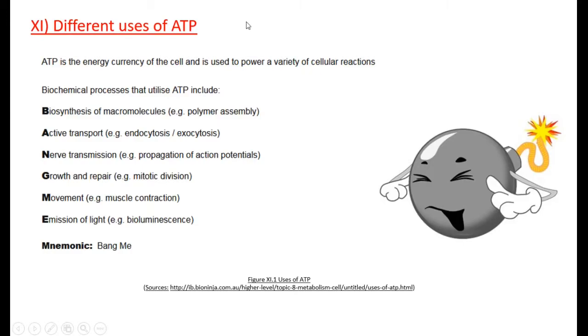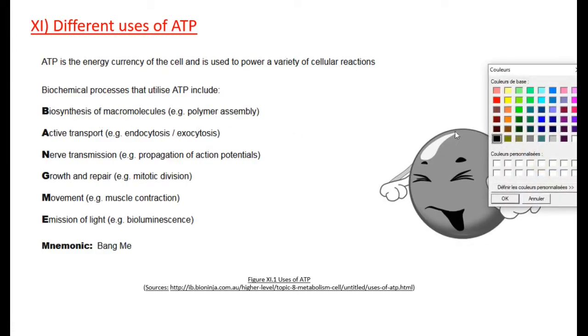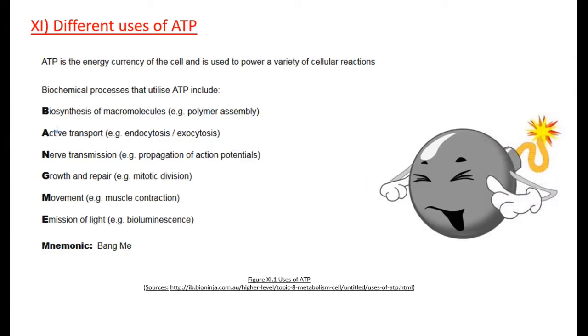So you have a few examples: biosynthesis of macromolecules, active transport, nerve transmission, growth and repair, movement, emission of light. And one way to remember these different activities, you've got this sentence "bag me," which are the first letters of all these examples.